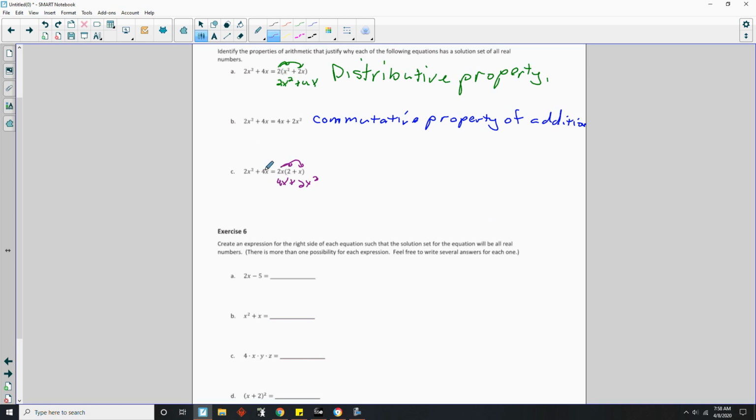It's also the commutative property of addition, where order doesn't matter, and it could also be the associative property of multiplication if we analyze the interpretation of 2x squared with extreme care. All right, but anyhow, this is definitely the distributive property as well.